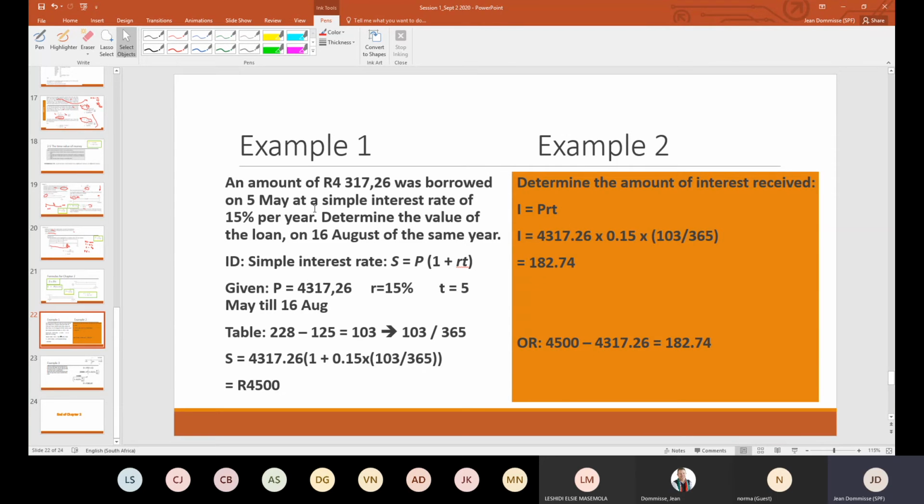You can also do it the other way around, to say, well, there is, I think, 31 days in May. So let's say 31 minus the 4 would have given us 27. The reason why I say 4 is because I include the 5th of May, because that is the day that it was borrowed on. And then June, July would have been 30 and 31 days.